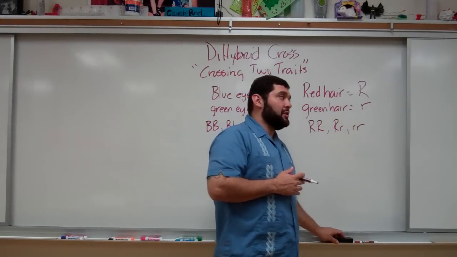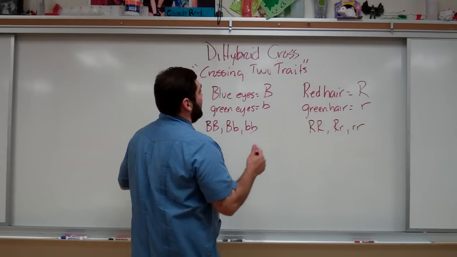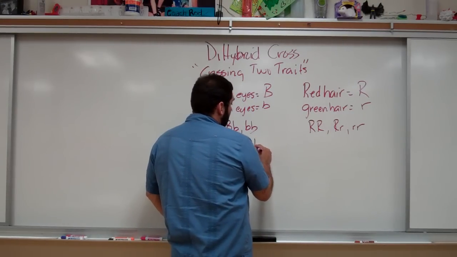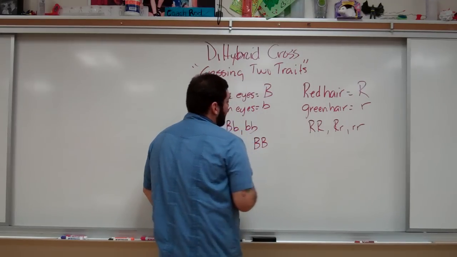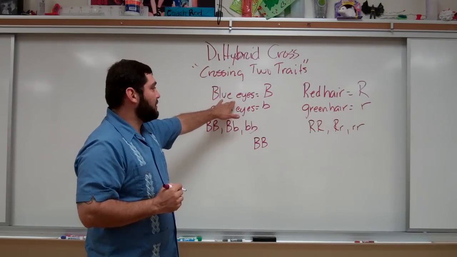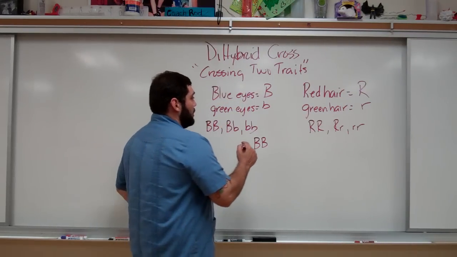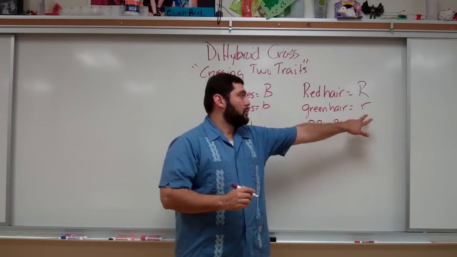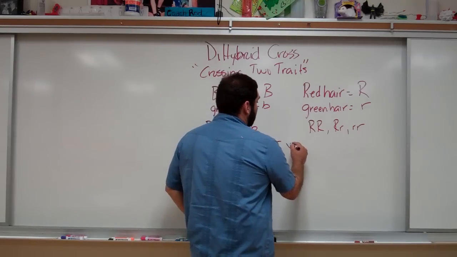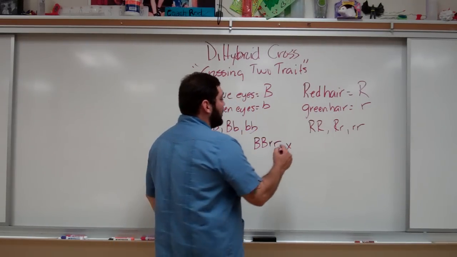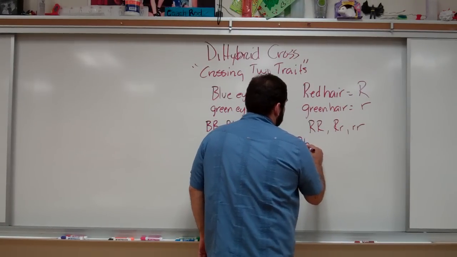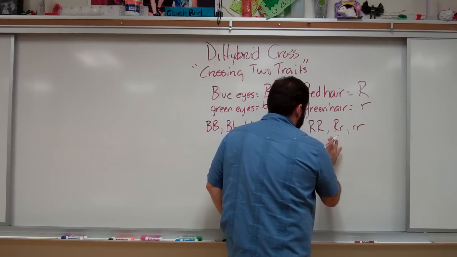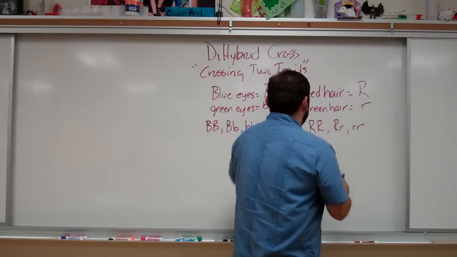So what we're going to do is cross a homozygous dominant person for eye color with recessive hair, with a heterozygous eye color and heterozygous for both traits.